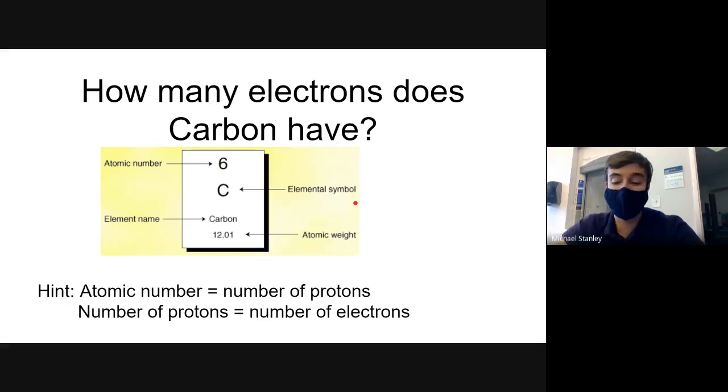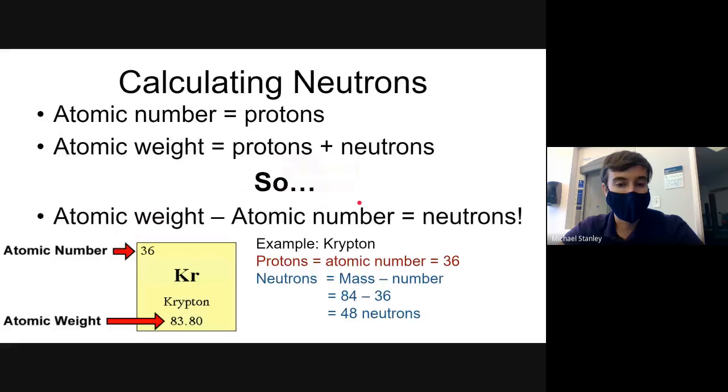All right, I'm going to rewind here a little bit to do one more example of this with you guys. So krypton, we already talked about, has 36 protons and 48 neutrons.